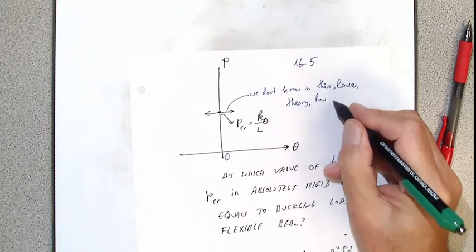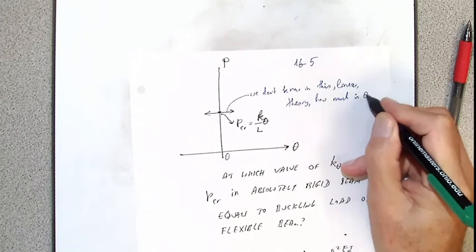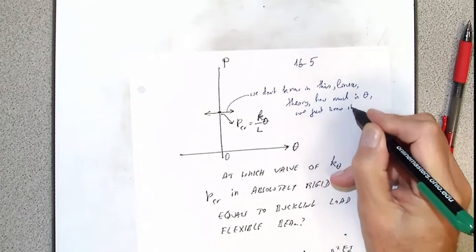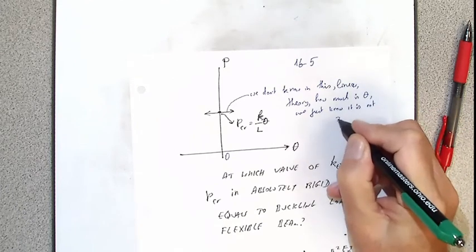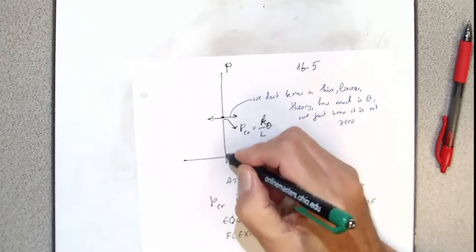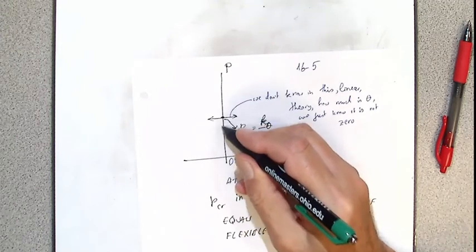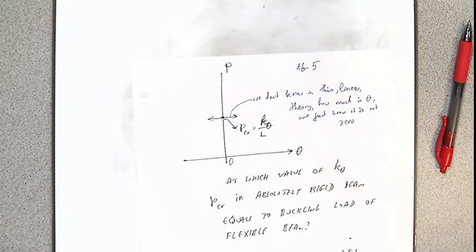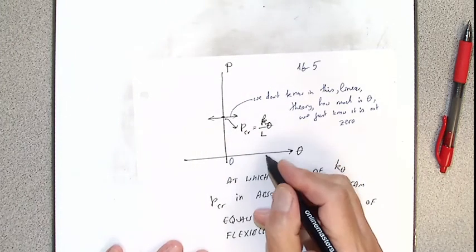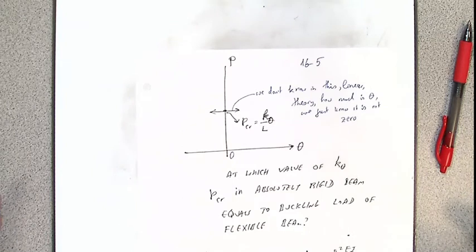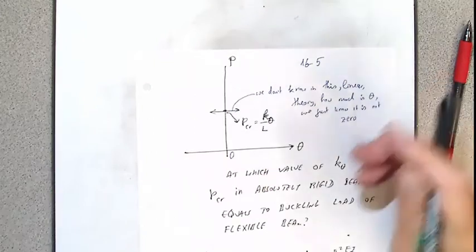How much is theta? We just know it is not 0. Everywhere this is 0, and for every P, displacement is 0. So pay attention, that is a nonlinear behavior. There is load, but there is 0 displacement. But at some load, suddenly, the system wakes up from this deep sleep and buckles.